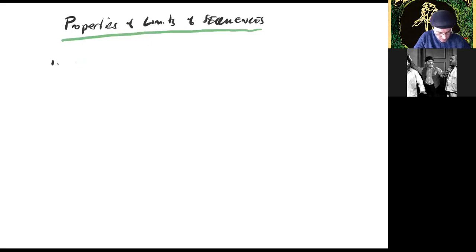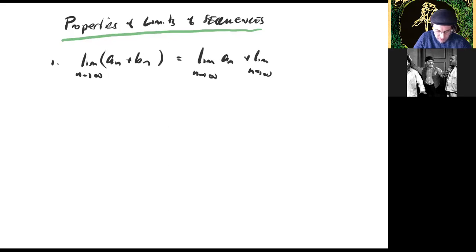If you have two sequences a sub n and b sub n, we can look at the limit as n goes to infinity of a sub n plus b sub n, and this will be the same as the limit as n goes to infinity of a sub n plus the limit as n goes to infinity of b sub n.